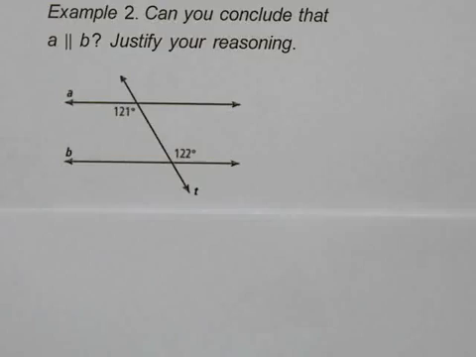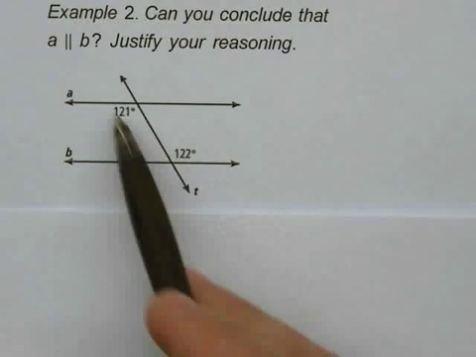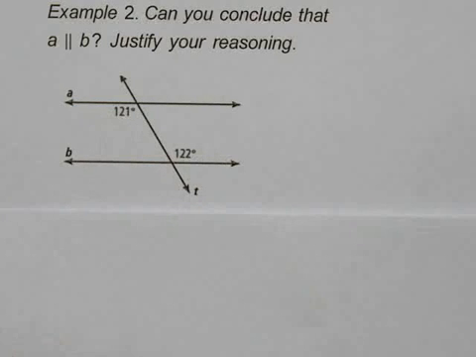And I know that if alternate interior angles formed by two lines and a transversal, so let me say that again, I know that alternate interior angles, in other words, they are inside of the lines and on either side of the transversal, if they are congruent, then I know that the lines are parallel.